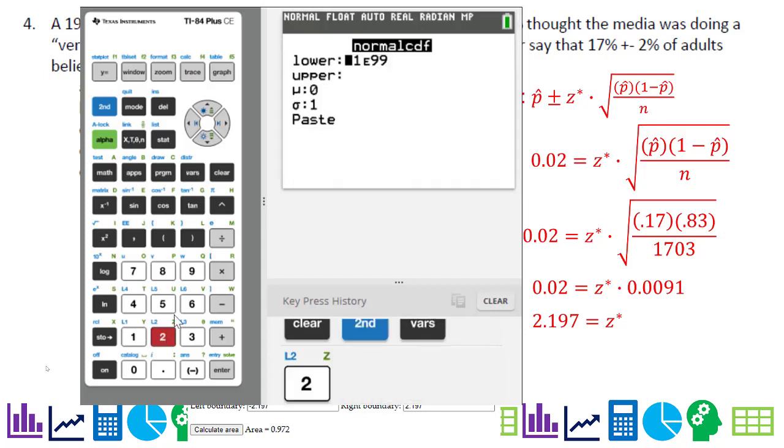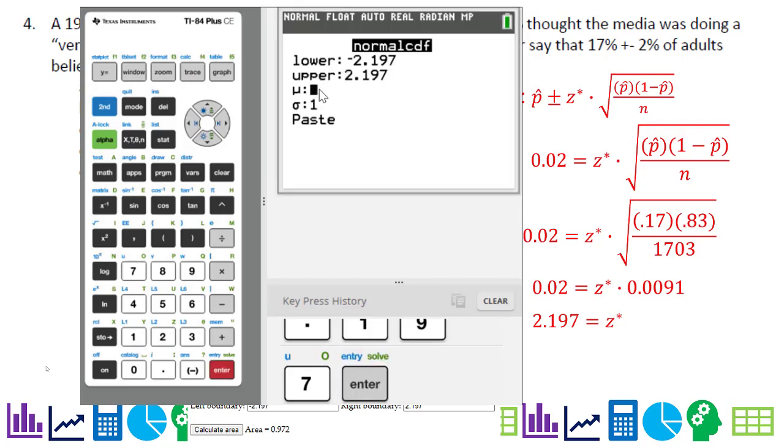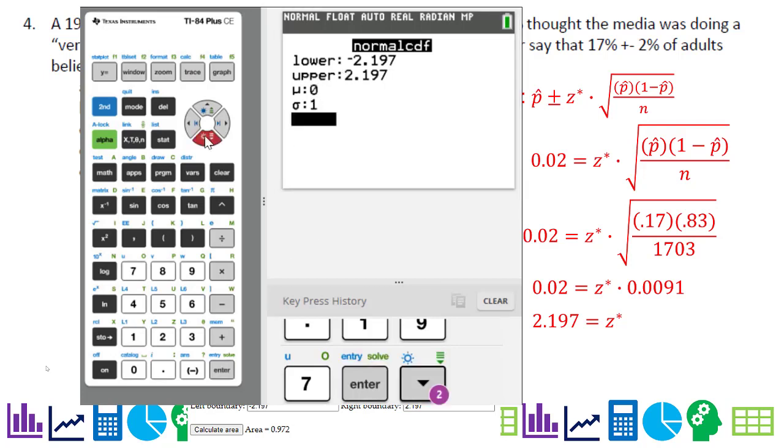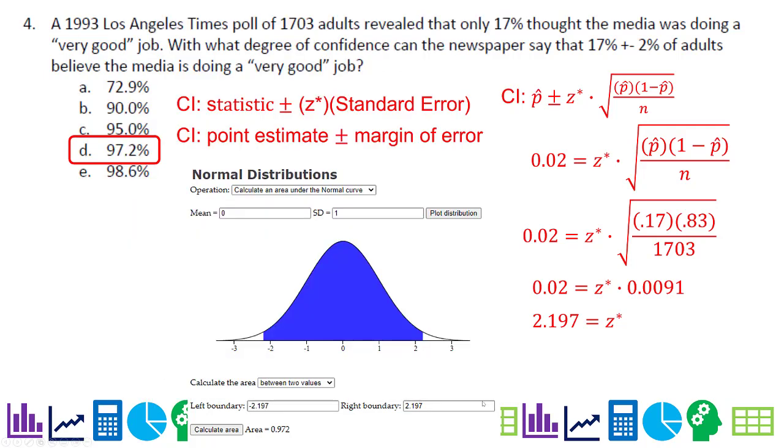So I'm going to go to normal CDF, and I'm going to put in negative 2.197 for my lower, and positive 2.197 for my upper. And then just make sure that I'm using z values here, 0 and 1. And then hit enter, and it will give you the area, which is 97.197, or basically 97.2%. There we go. So 97.2% is the correct answer.